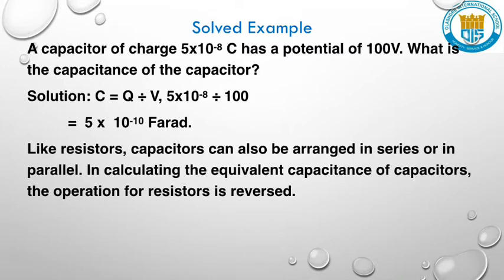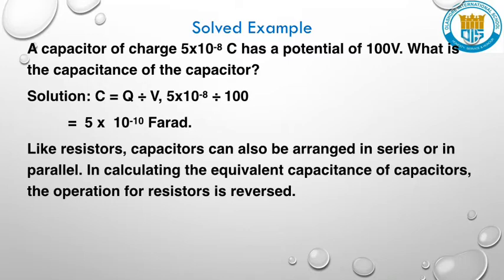Now, just as we have for resistors that can be arranged both in series and in parallel, so also capacitors can be arranged either in series or in parallel. So in a circuit where you have more than one capacitor, either the capacitors are in series or they are in parallel. At times, you may even have a combination of some capacitors in series and some others in parallel, and all of them are in the same circuit.